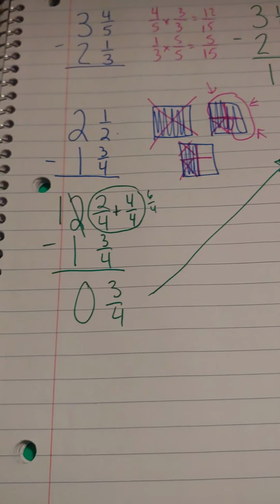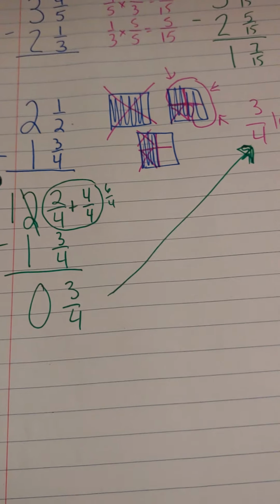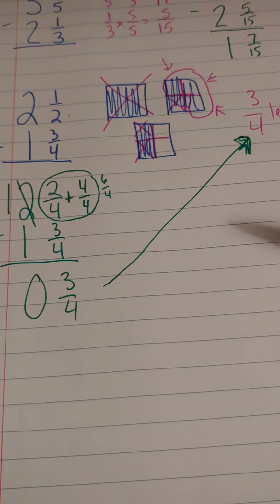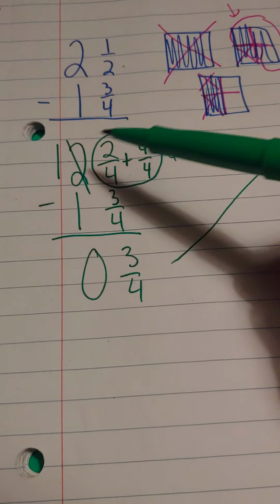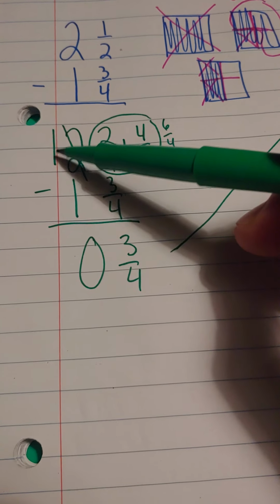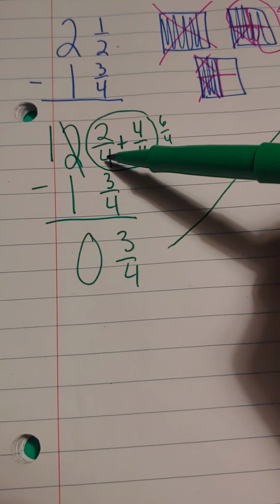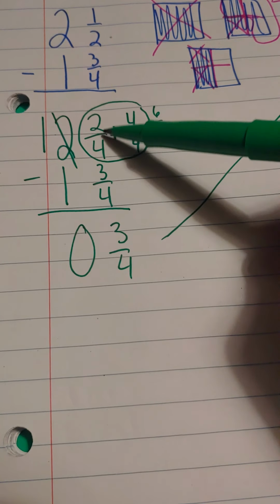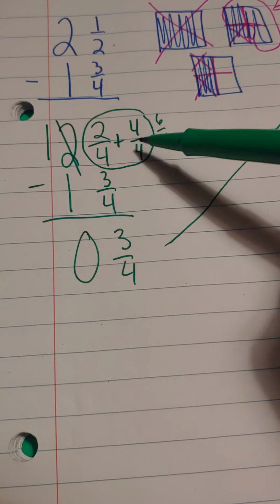So again, picture form, draw your wholes, cross them out, draw your parts, cross them out, or mathematical form, okay? When you borrow, you're borrowing whatever your denominator is worth. So if you're borrowing 1 whole and your denominator here is 4, you're going to borrow 4/4. Just the same if this was my problem. Let me do one more.